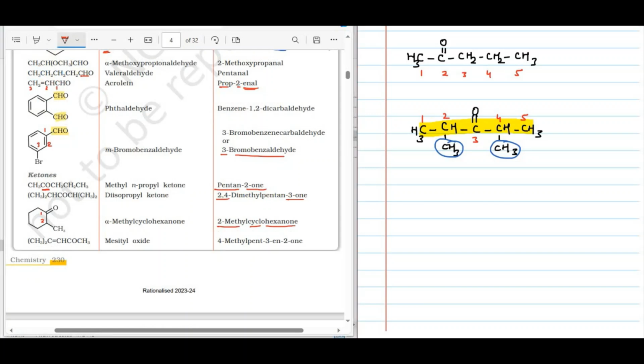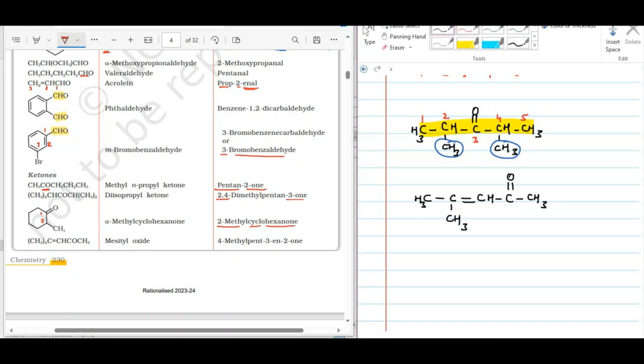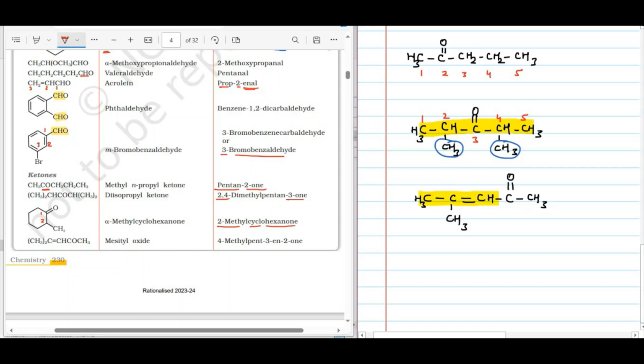Let's draw the structure of this compound. So this is CH3, carbon, again CH3, there is a double bond CH, single bond C, double bond O and this is CH3. Now select the longest carbon chain. So this is the longest carbon chain that contains your functional group ketone. Now number the chain.